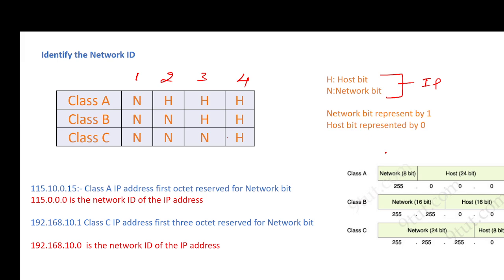This segregation is made for selecting the relevant class of IP address according to the need. If you go for class A, a smaller number of networks is available, but more computers can be connected there. H means host, N means network.